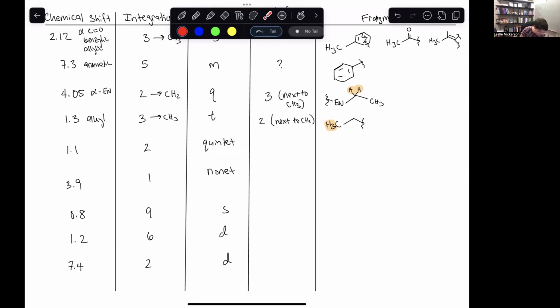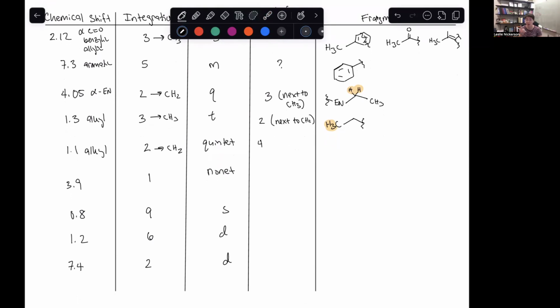Okay, so chemical shift of 1.1, we're again looking at alkyl. If my integration is 2, I'm going to be thinking CH2. And I've got a quintet, which is five little tips. So that means I've got 4 neighboring protons. So if we think about how to get 4 neighboring protons, there's 2 options.